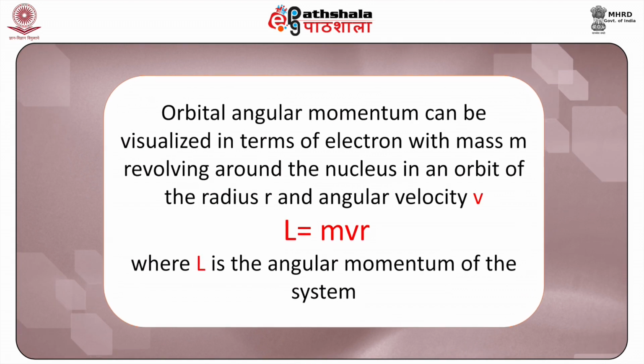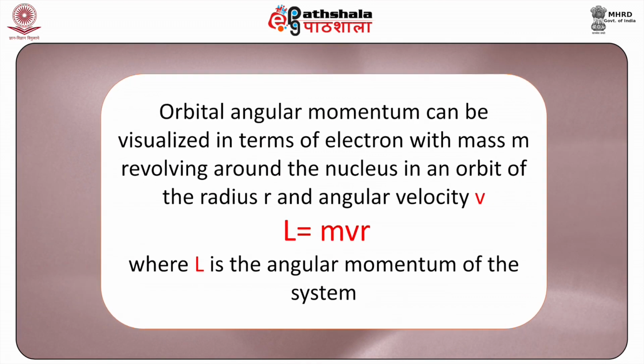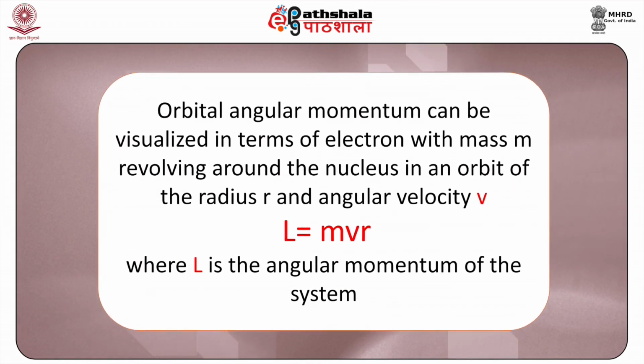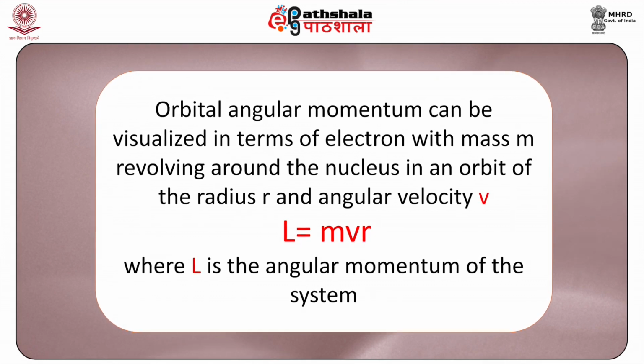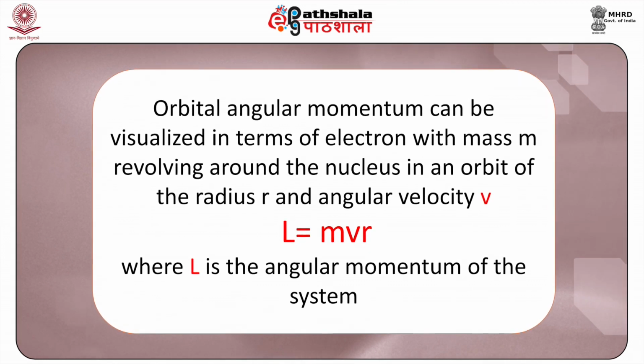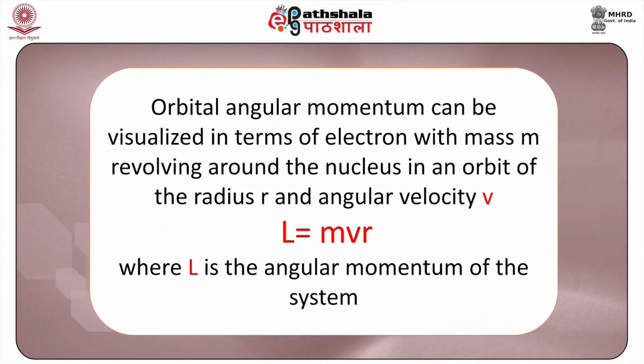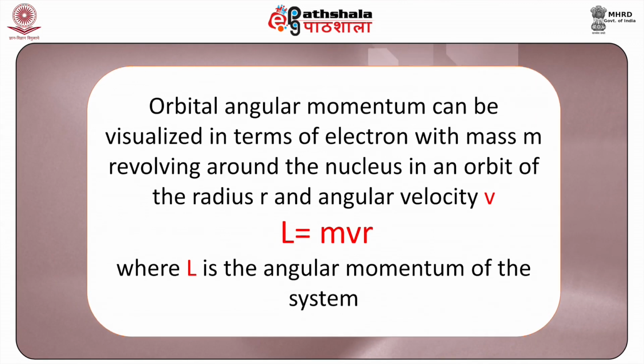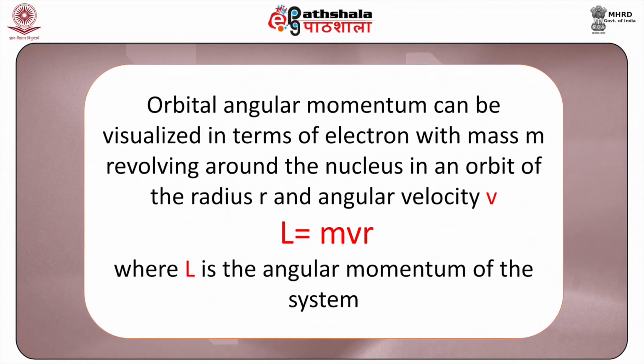Orbital angular momentum can be visualized in terms of an electron with mass m revolving around the nucleus in an orbit of radius r and velocity v.